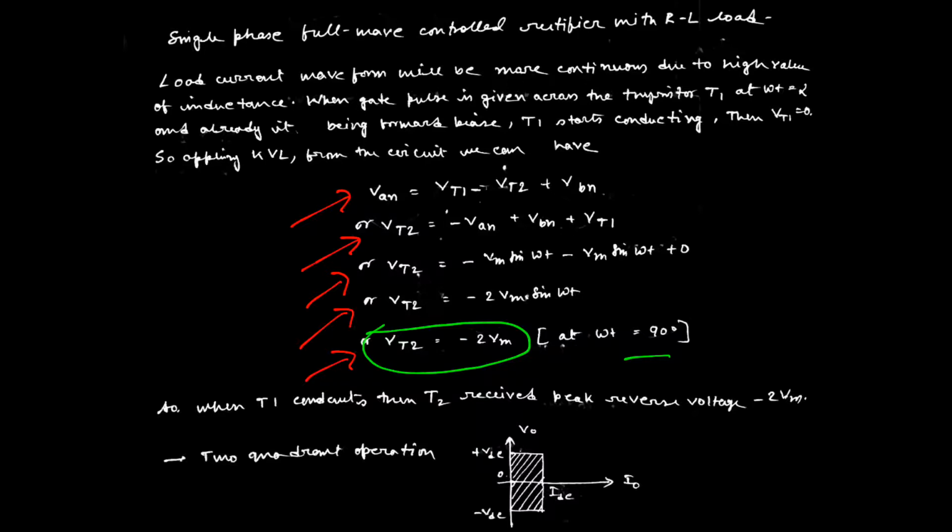So when the thyristor T1 conducts, T2 receives the peak reverse voltage, and the value is minus 2 Vm.